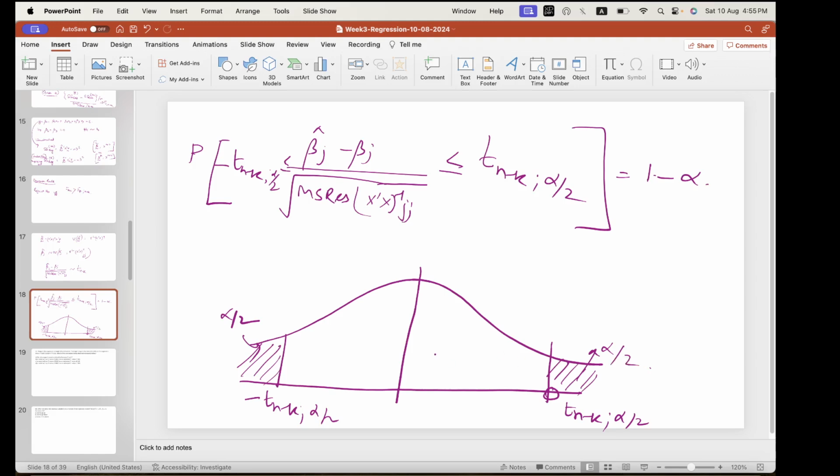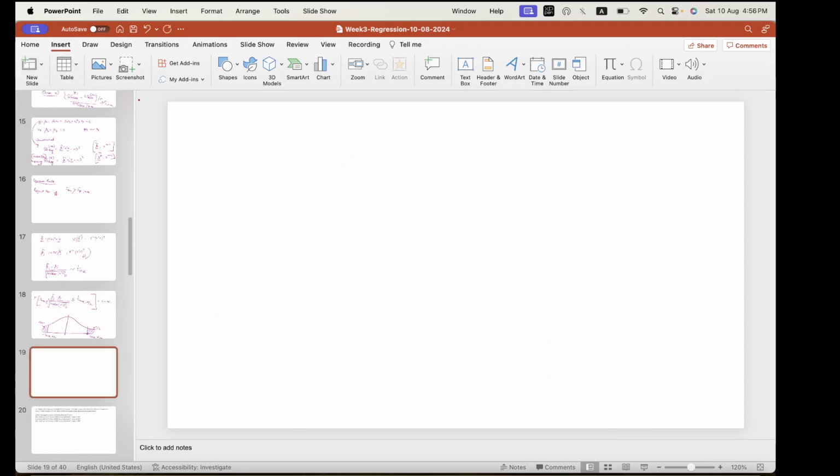This is also alpha by 2. So if this thing which follows this distribution falls within these two bounds, then that probability will be this unshaded area, that is 1 minus alpha. So once we have that, the only goal is to keep beta j in the center and then adjust accordingly. So what will we have it as?